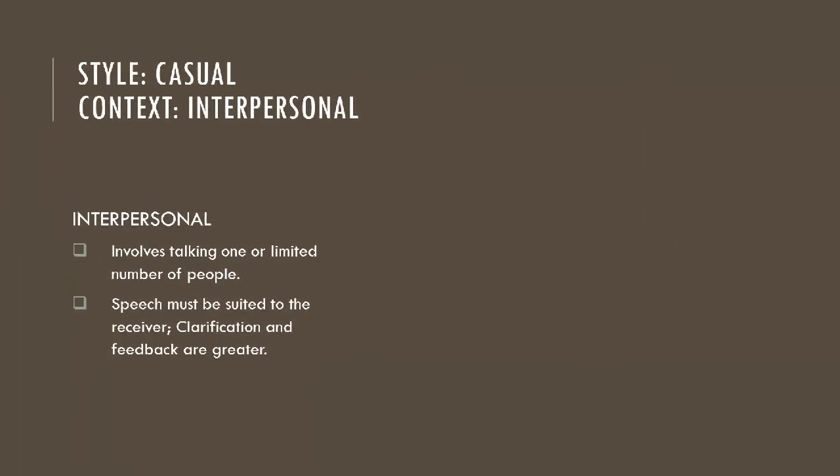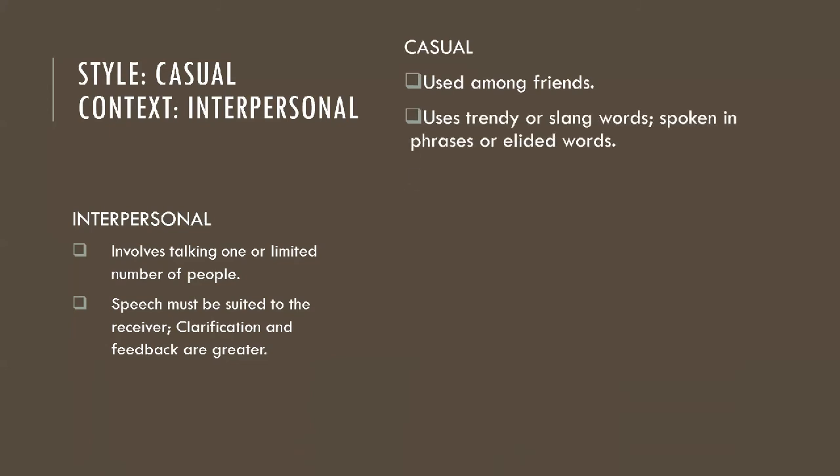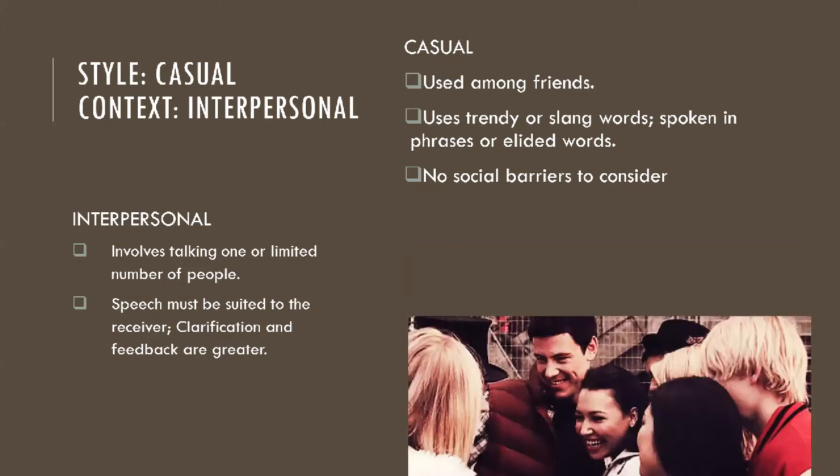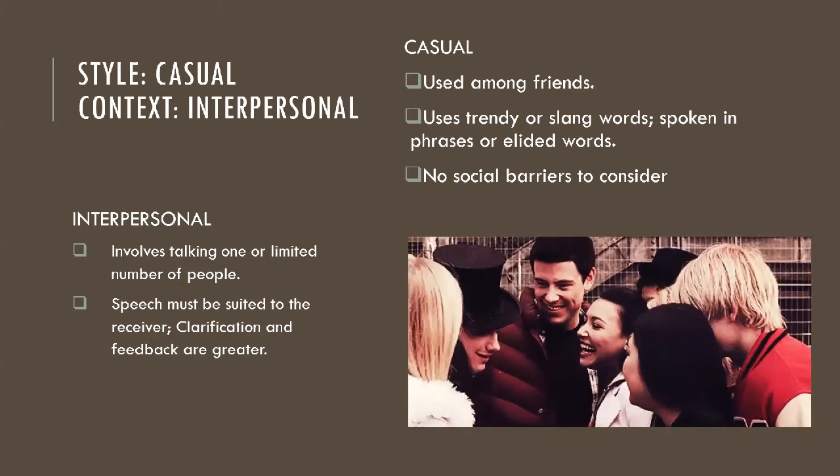The next style is casual, while the context is still interpersonal. Casual is used among friends, uses trendy or slang words, spoken in phrases or elided words, and there are no social barriers to consider. The style and context are commonly seen together between close friends.